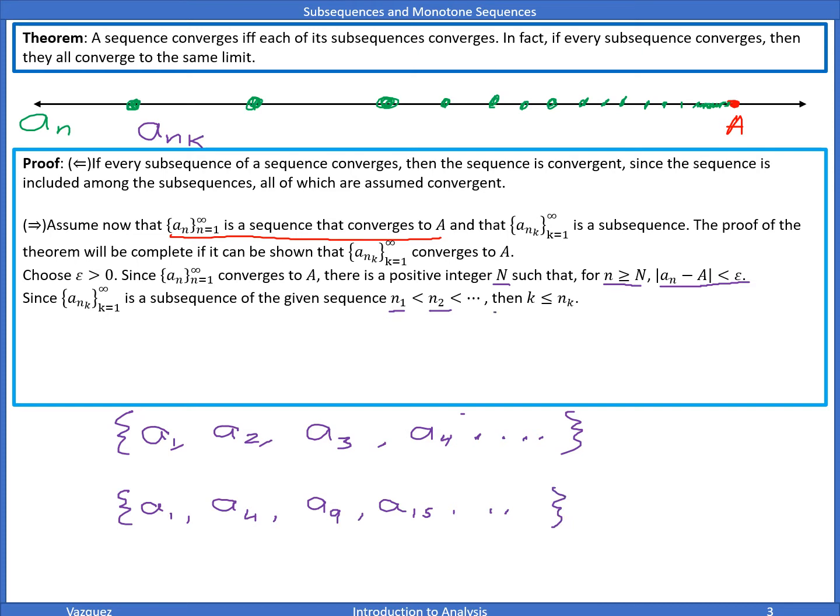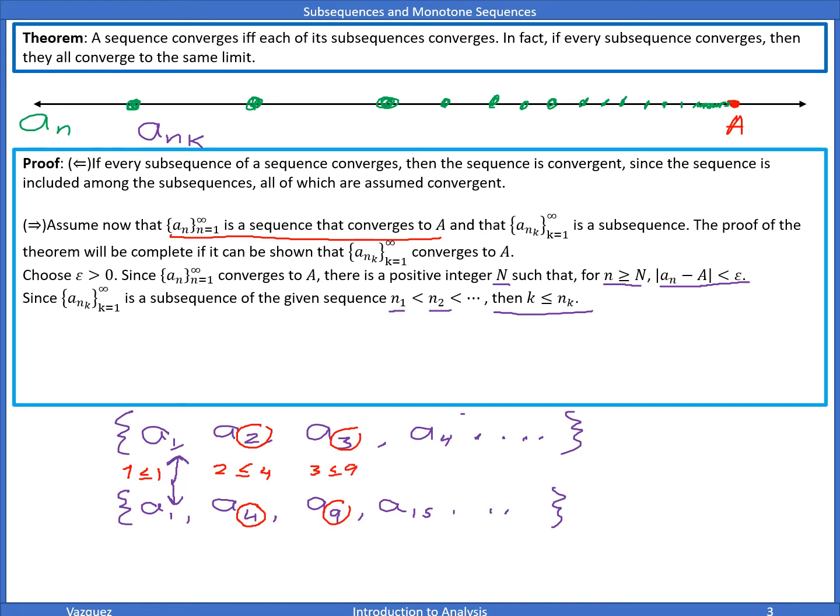Well, what this is saying is that this subscript up top, let me do it in red, is less than or equal to this subscript here. So 2 is less than or equal to 4, that fits. 1 is less than or equal to 1. 3 is less than or equal to 9.